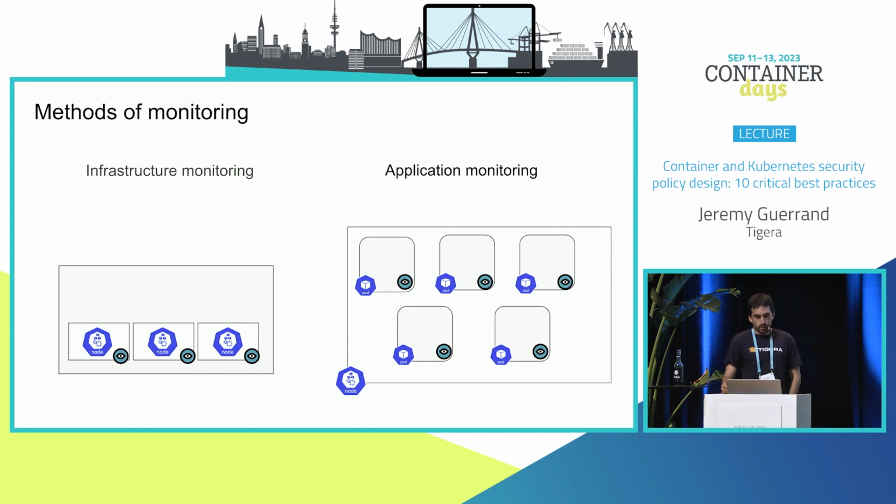For application monitoring, on top of the network between the pods, we can also enable layer 7. So we can see what's going on within the application layer, which is quite good because it means we can use some advanced features such as a WAF, a WAF that is workload-centric. It means the WAF will check what's going on between the pods and not outside of the cluster.